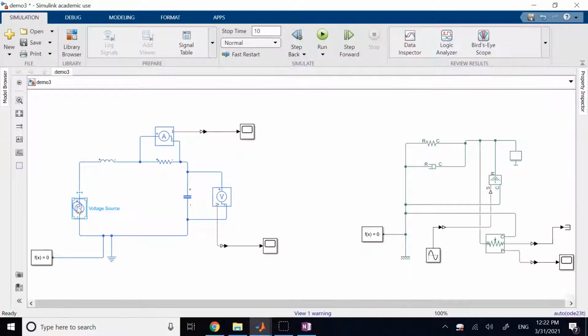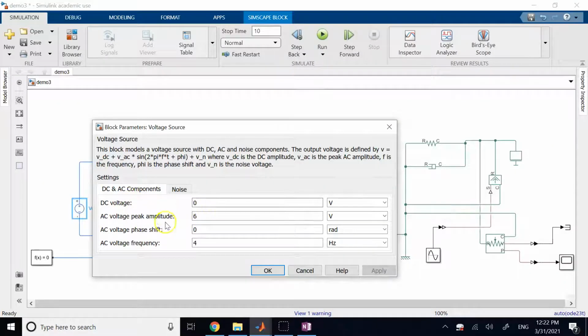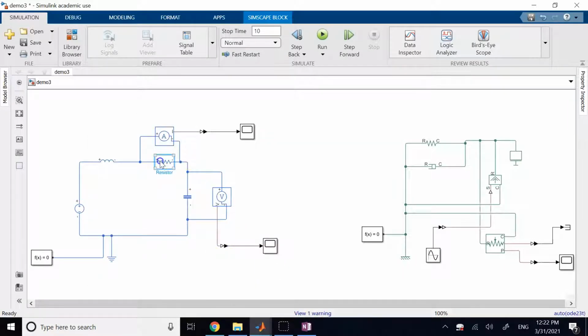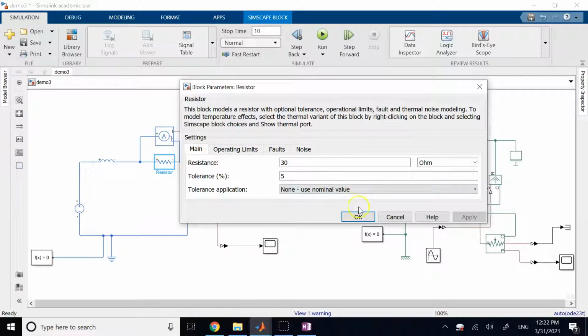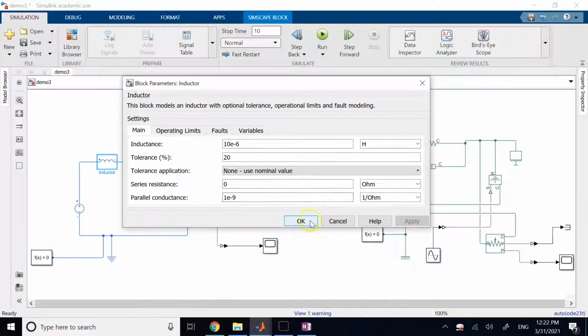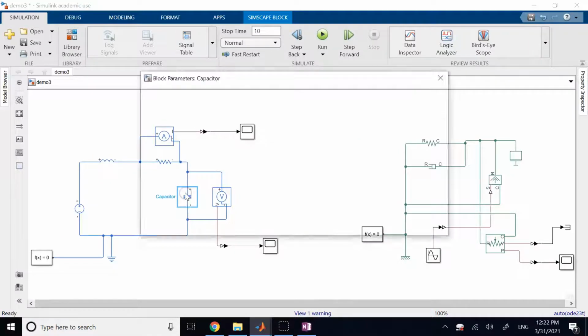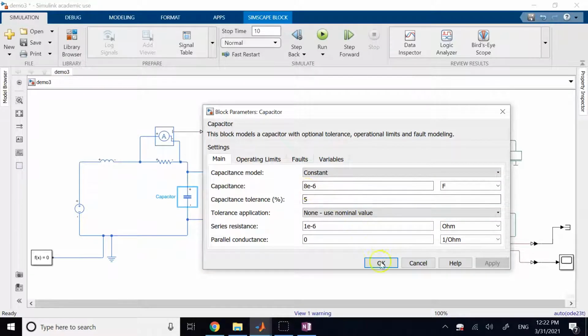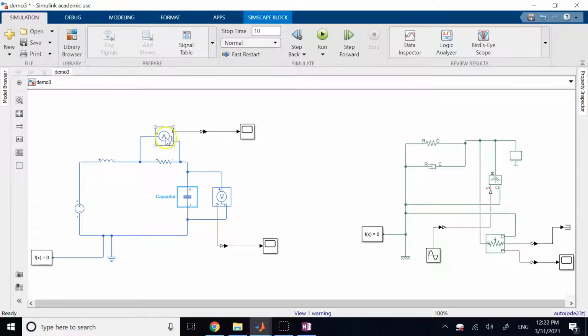So here, with this block, you can provide either DC voltage or AC voltage. Here I'm providing 6 volts amplitude and 4 hertz AC frequency. And then I can type in the value of resistance here, 30 ohms, the value of the inductor, 10 henries, and the value of the capacitor, which is 8 microfarads. And here I have the two sides of the ammeter and then the output of it.